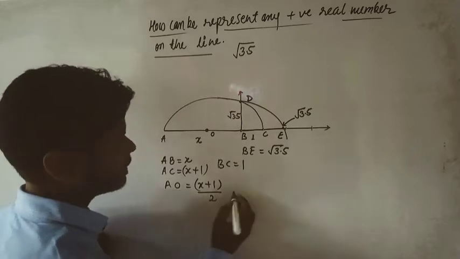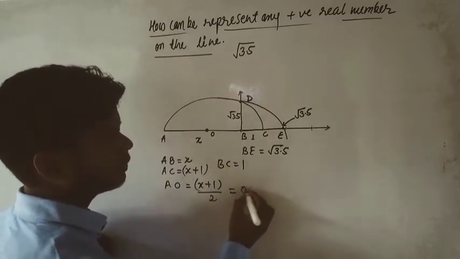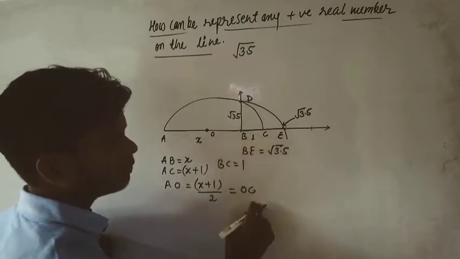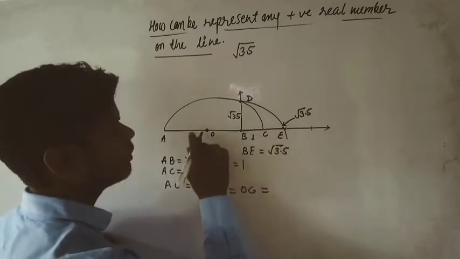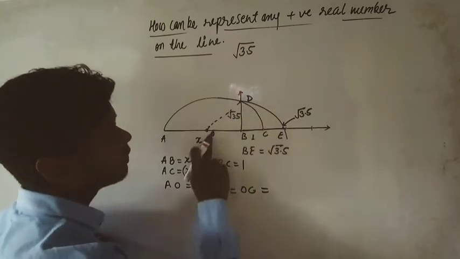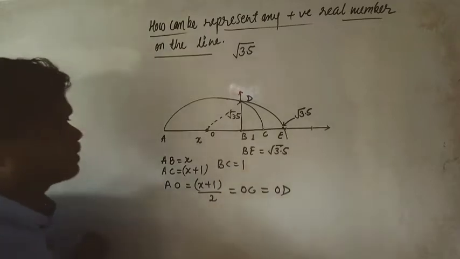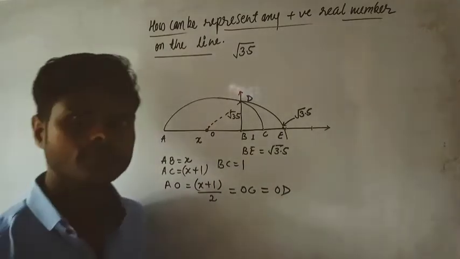Means AO is equal to (x plus 1) by 2, and OC represents (x plus 1) by 2. When we join the point O to D, OD represents (x plus 1) by 2. It is clear here?